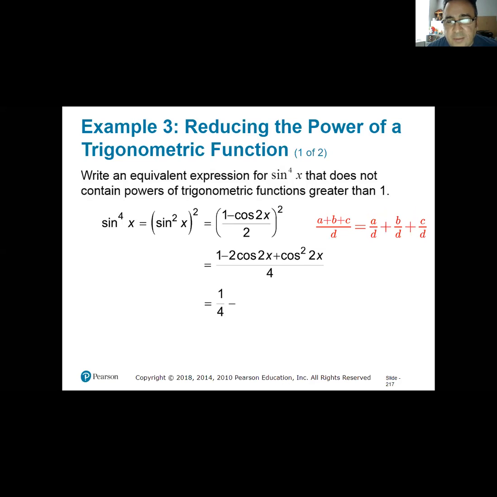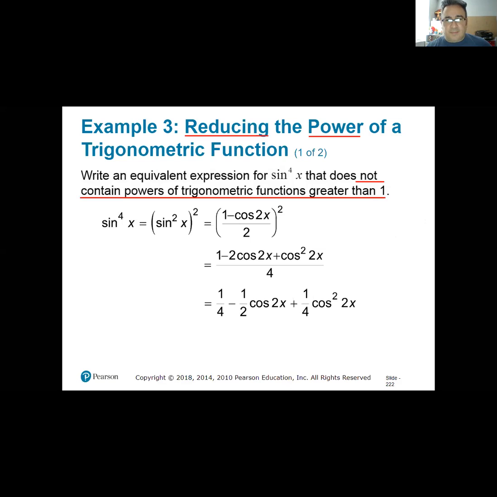When I reduce it, I get one half, cosine of 2x, that's my middle term. And then plus, even though we don't see it, there's a 1 in front of that cosine squared of 2x. So it should be plus 1/4 cosine squared of 2x.